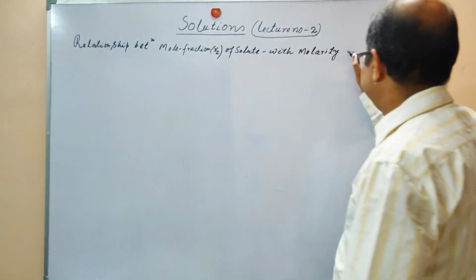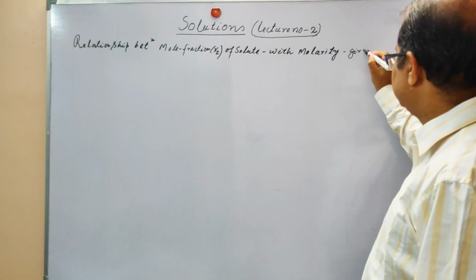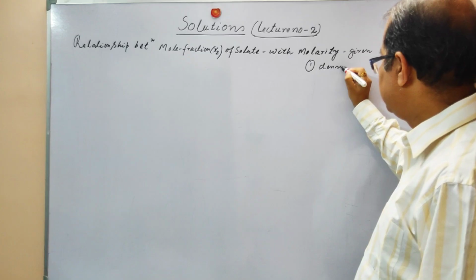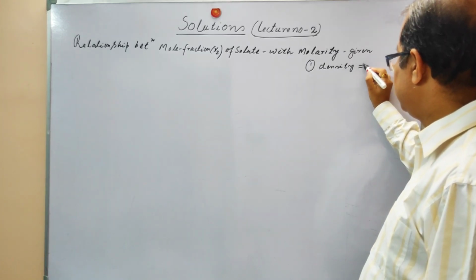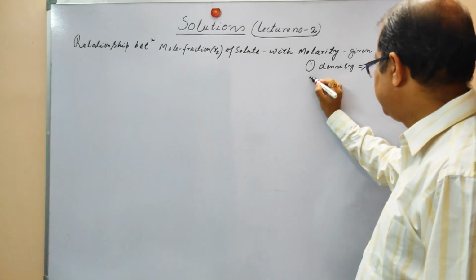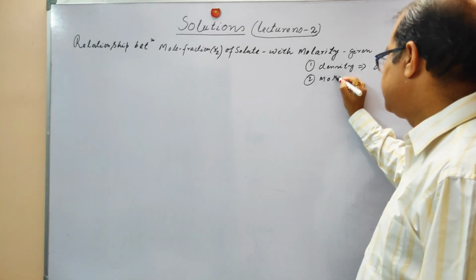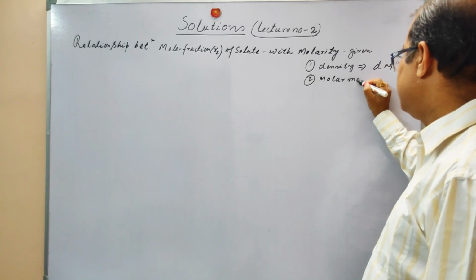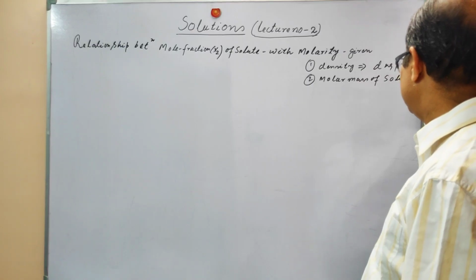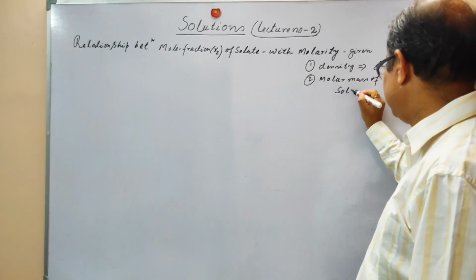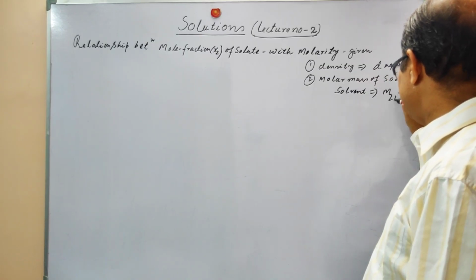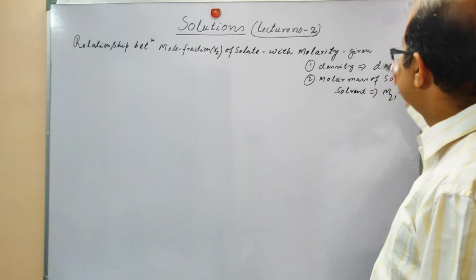You have been given the density, d kg per liter, and the molar mass of solute and solvent, given as M2 and M1. So these two things we have been given.